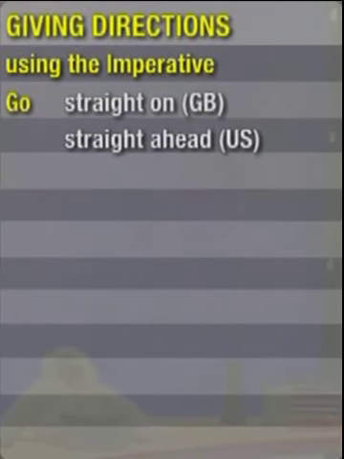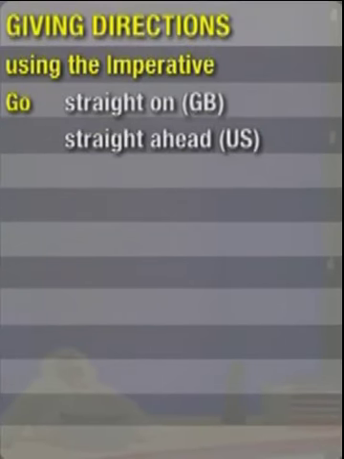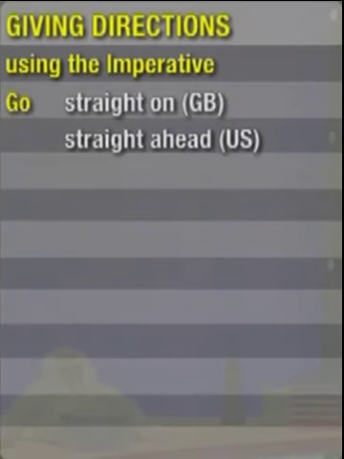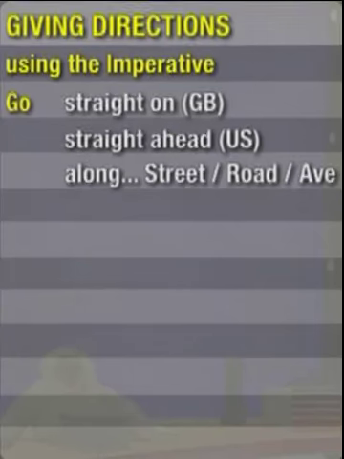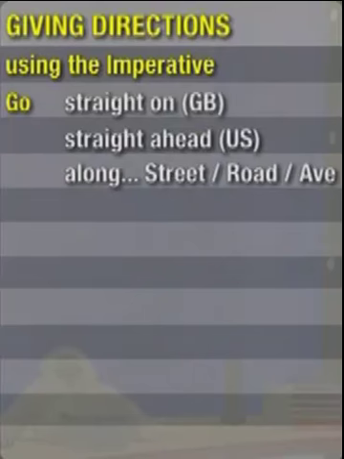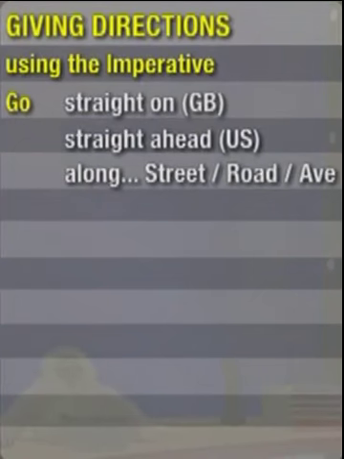But we use both. Straight on, straight ahead. All right? Then we can say go past the shop or go along the street, a road, or an avenue. Again, we use go, it's the infinitive, and it's the imperative form, all right?